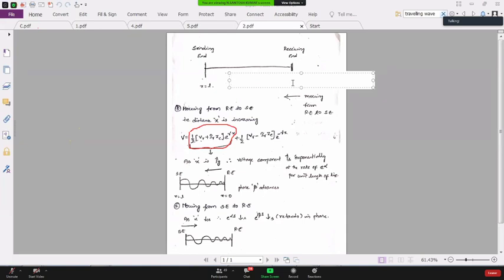When x is 0, that is directly at the receiving end. Then x becomes 1 kilometer, next 2 kilometers. What is happening as you move? When x is 0, what about this entire term?